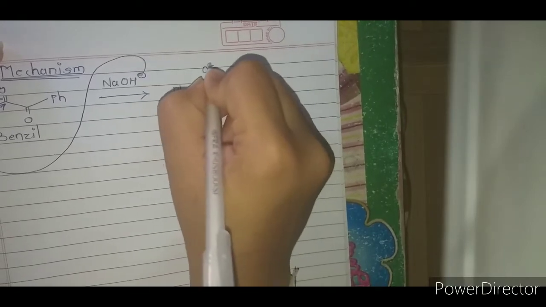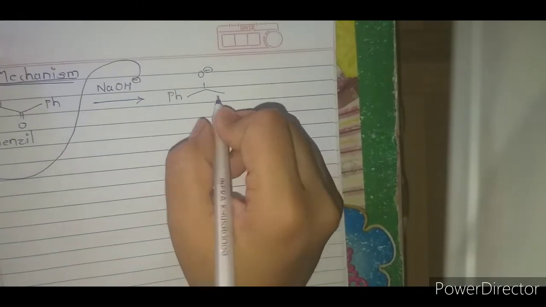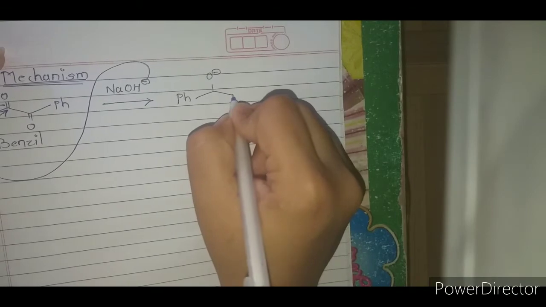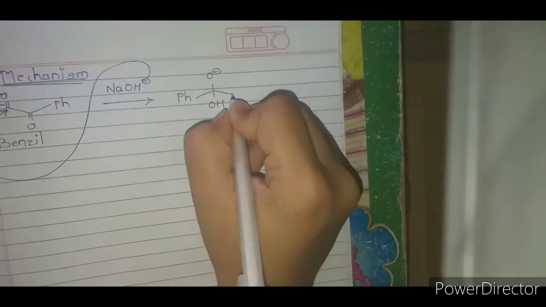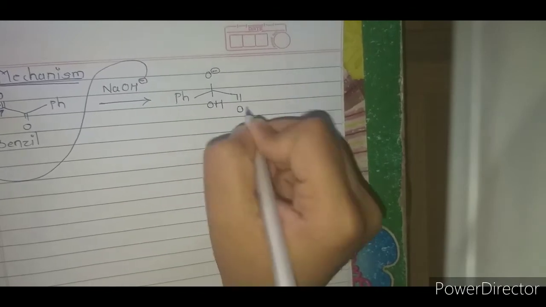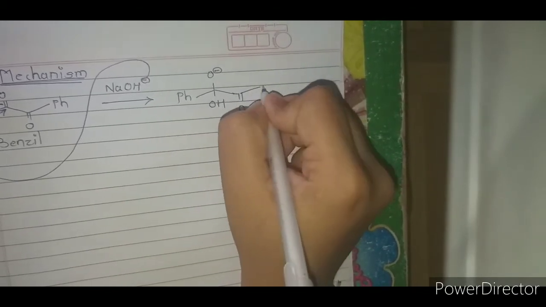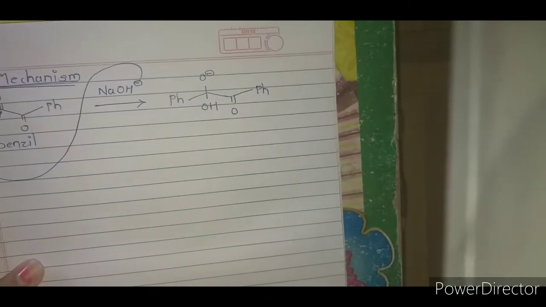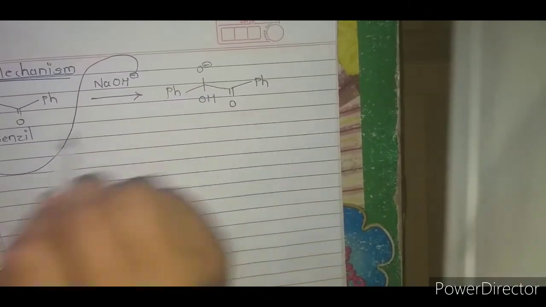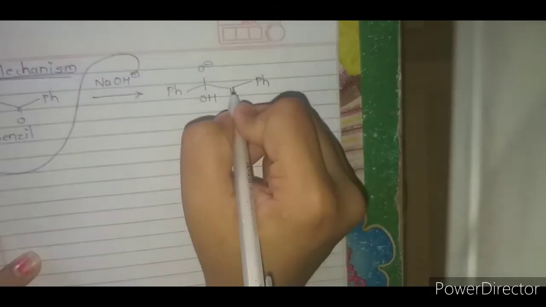So this is your OH, and it forms this intermediate compound. What happens in the next step?